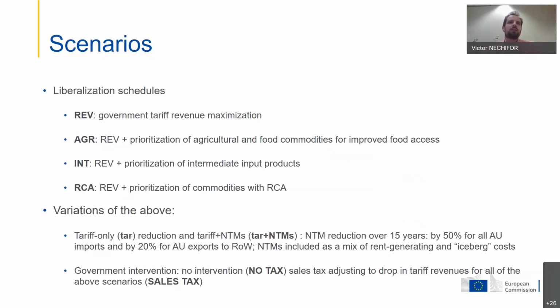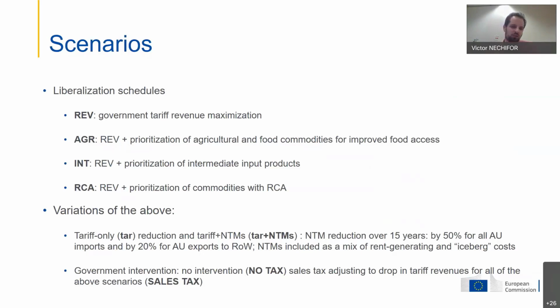And then 3 other liberalization schedules, which have secondary policy priorities. You have AGR for prioritizing agricultural and food commodities, INT for intermediate input products, and RCA for prioritizing commodities with real comparative advantage.